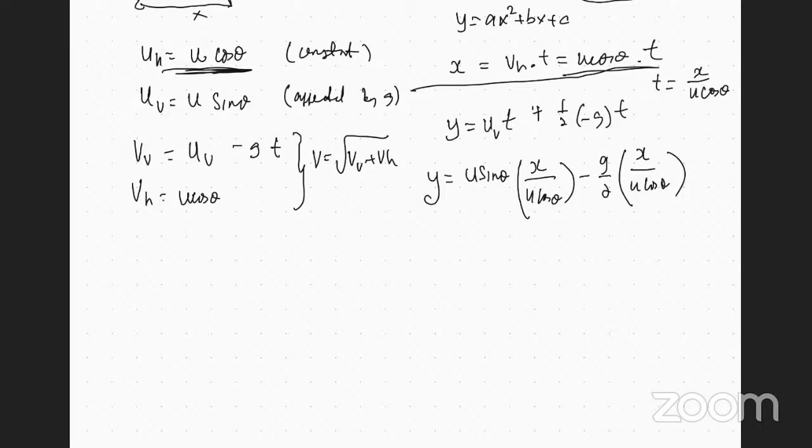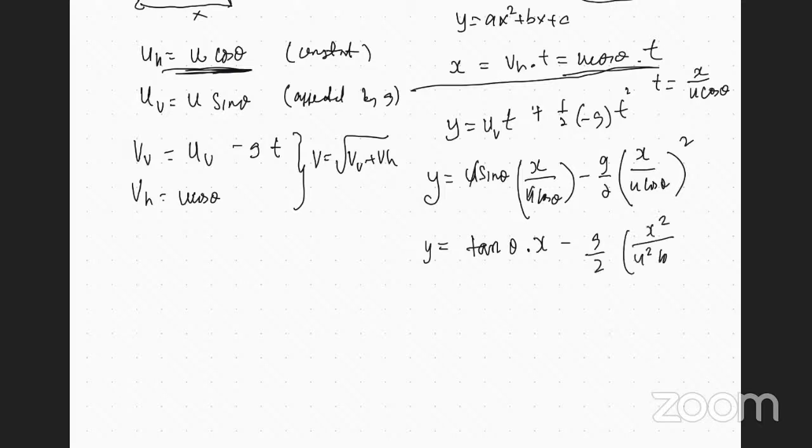So when you multiply this out, the u's will cancel, and you will get tan theta multiplied by x, minus g on 2 by x squared over u squared cos squared theta.